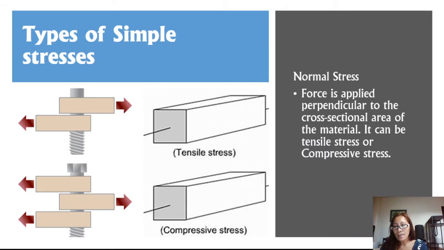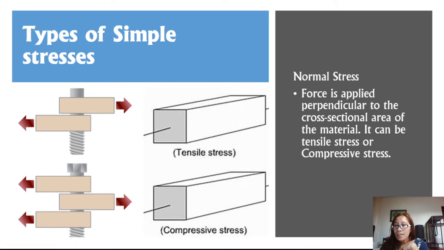First is the normal stress. It is when force is applied perpendicular to the cross-sectional area of the material. It can be tensile stress or compressive stress. As you can see here, we have the tensile stress.